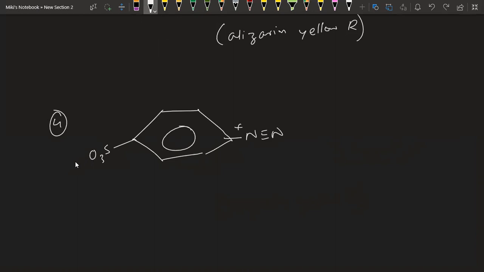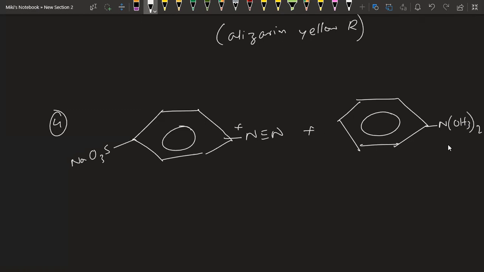So some complex sort of molecule. And on the right side we have N(CH3)2. See, it doesn't require a phenol to be here. Even if phenol is not present, if these conditions are present, the reaction still happens.